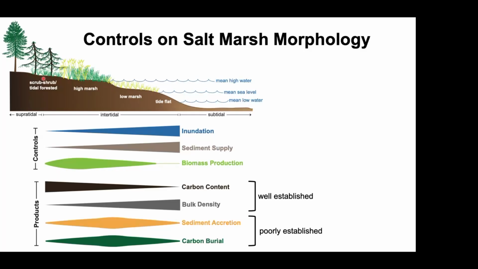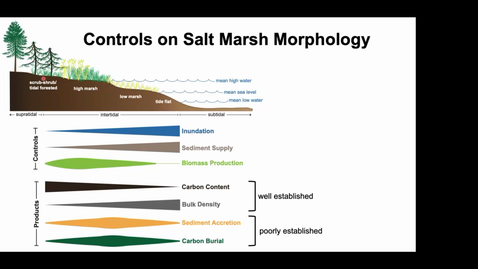So we generally understand that the carbon contents will increase at higher elevations where biomass productivity is highest, and bulk densities will tend to be greatest at lower elevations where mineralogenic sediment falls out of suspension first.